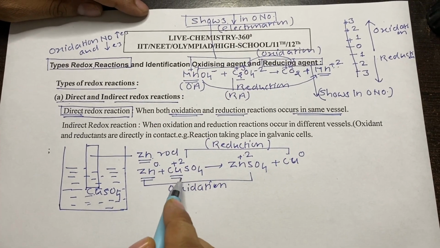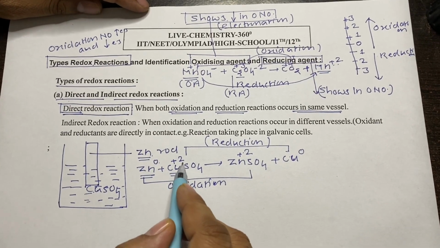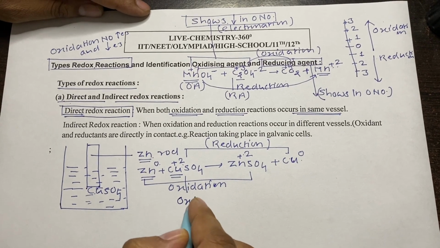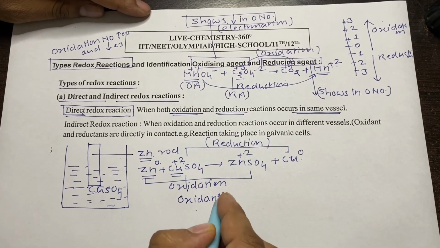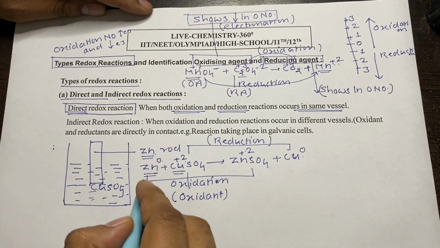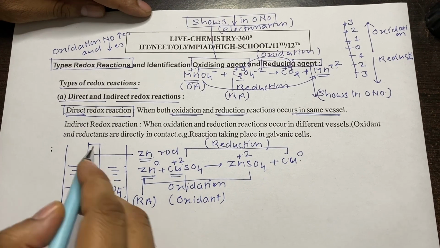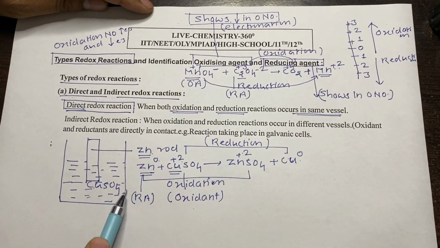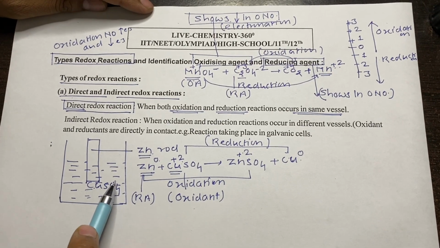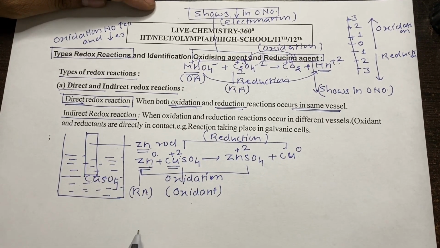The oxidant in this reaction is CuSO4, the oxidizing agent. And zinc is increasing its oxidation number, so it acts as a reducing agent. Most of the energy produced in this redox reaction is dissipated in the form of heat.